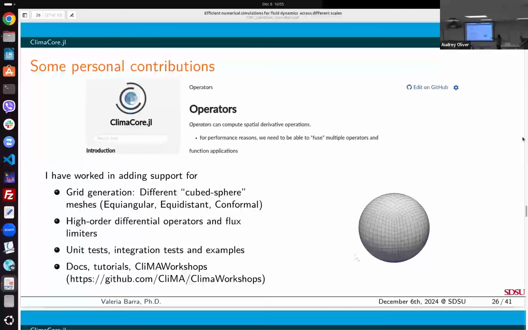There are different types: equiangular, equidistant, or conformal. They have different properties. For instance, one can exacerbate the CFL condition, so you want to be careful, especially towards the corners of the cube sphere. I also added high-order differential operators and flux limiters in the vertical dimension, a lot of unit testing, and best practices like tutorials, documentation, and whatnot.